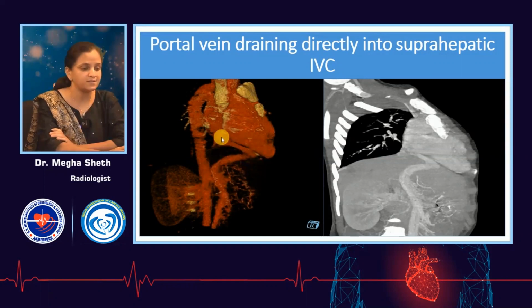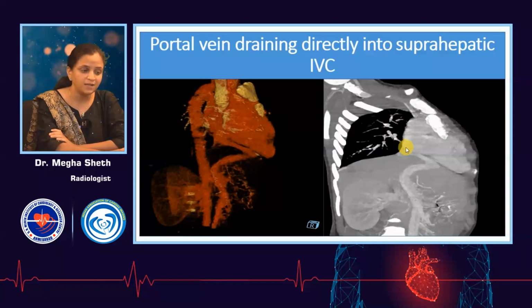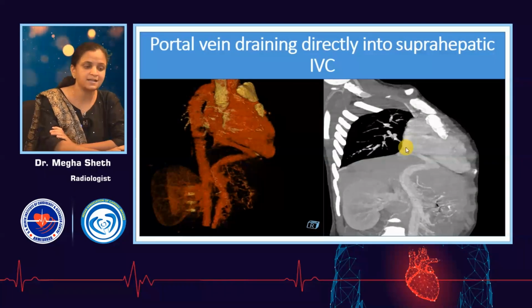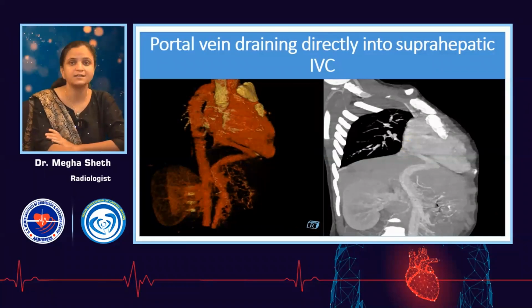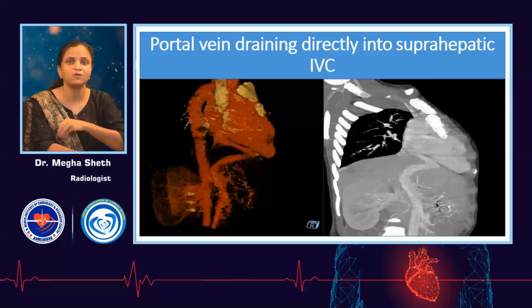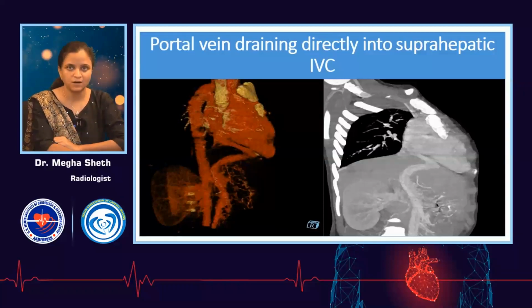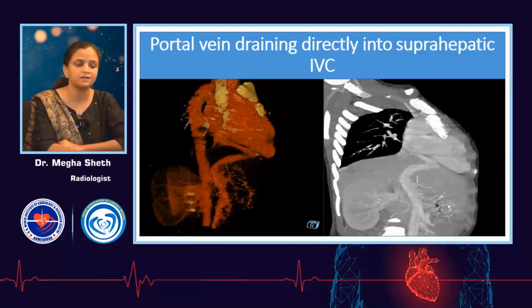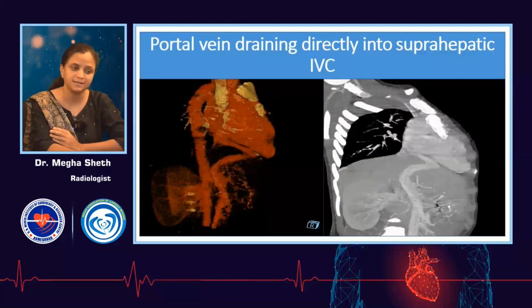Okay, here also we can see the same thing. We considered it a type 1 congenital extrahepatic portosystemic shunt, but later portal vein tributaries were found on invasive catheter angiography, and so this patient underwent device closure. We'll discuss this case in detail later.